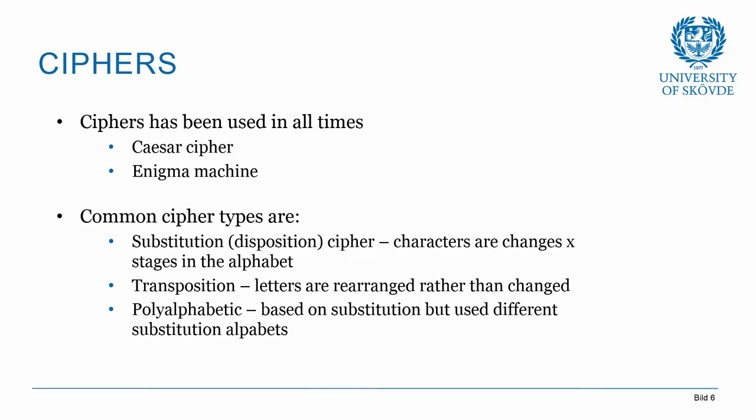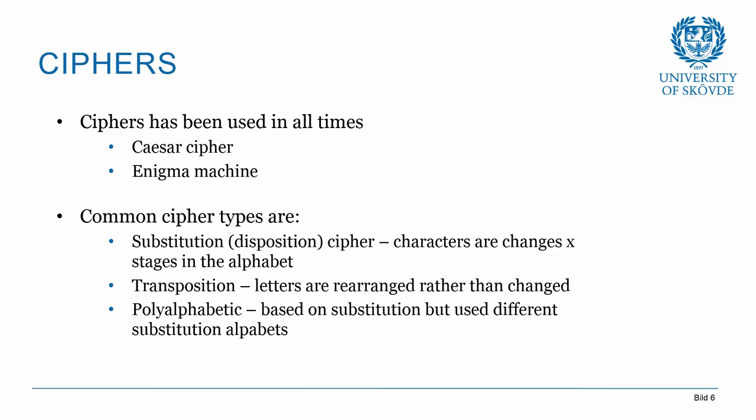And if we want to group the ciphers together, we can say that we have three different cipher types, where the first is substitution or disposition cipher, and the Caesarean cipher is an example of this. It's basically a cipher where you switch characters X stages in the alphabet. So if the key is 1, A becomes B, B becomes C, and so on and so forth. If the key is 2, then A becomes C, and then it's too hard for me to calculate any longer.